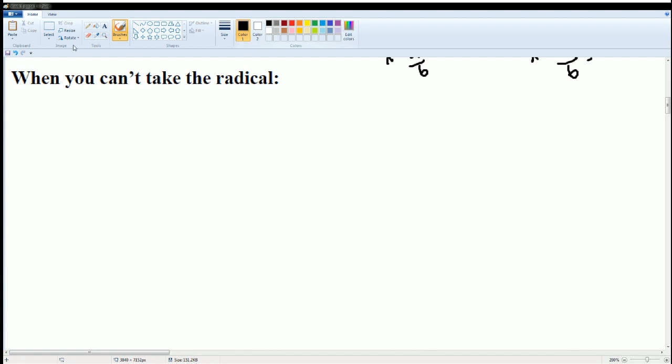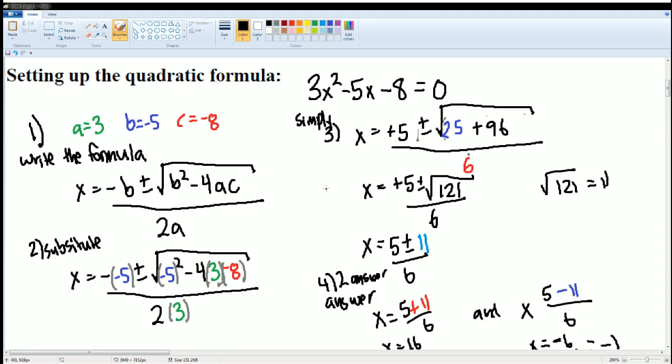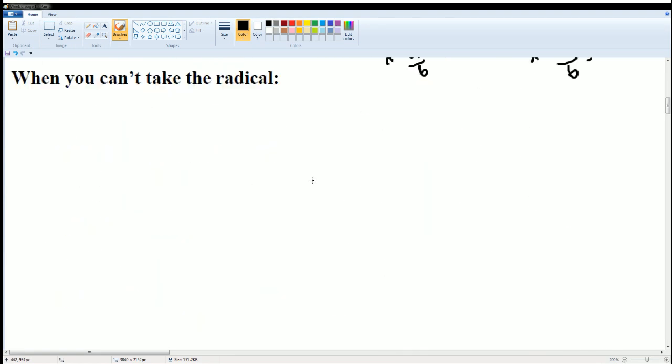Let's say you go back to step 3, and you have something like x is equal to 4 plus or minus the square root of 176, and we divide that by negative 6.